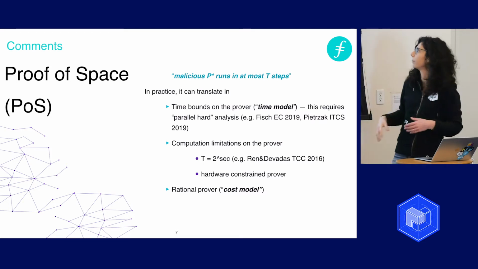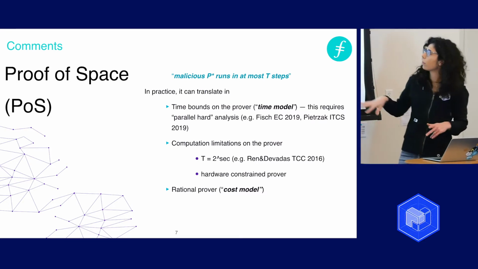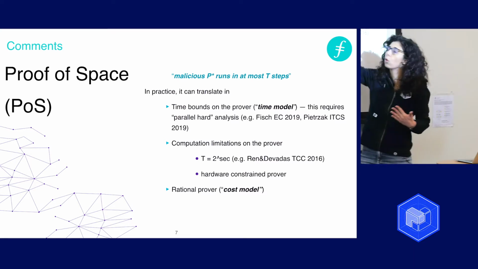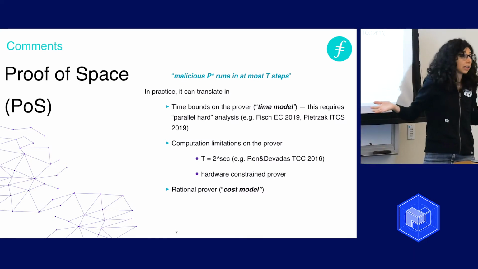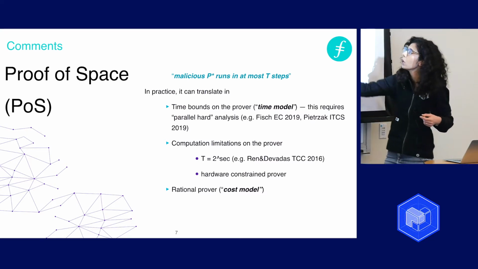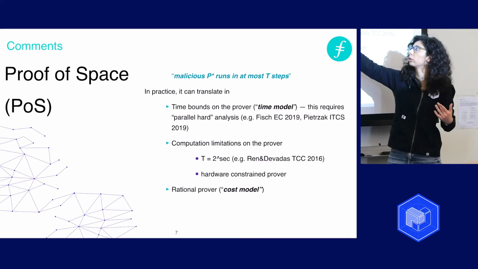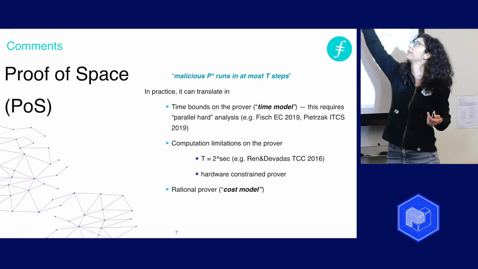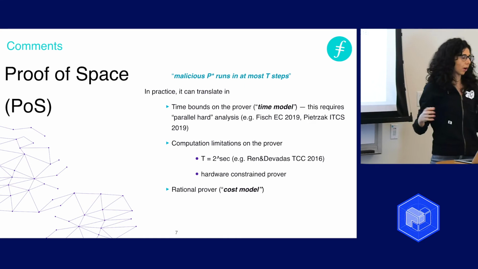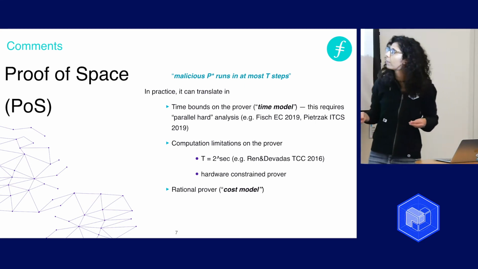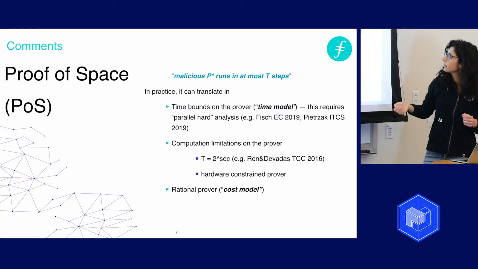The other two models that we have here: I could just look at computation without time. Let's say that in my application there is no way to measure time; I don't have a clock to time the answer of the prover. So I can use some limitation on the computation. It can be something that is just infeasible, so a number of running steps that we believe is infeasible for computationally bounded machines.